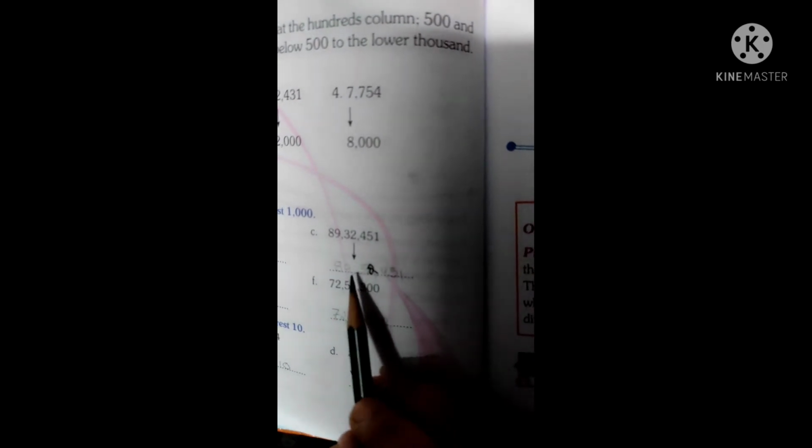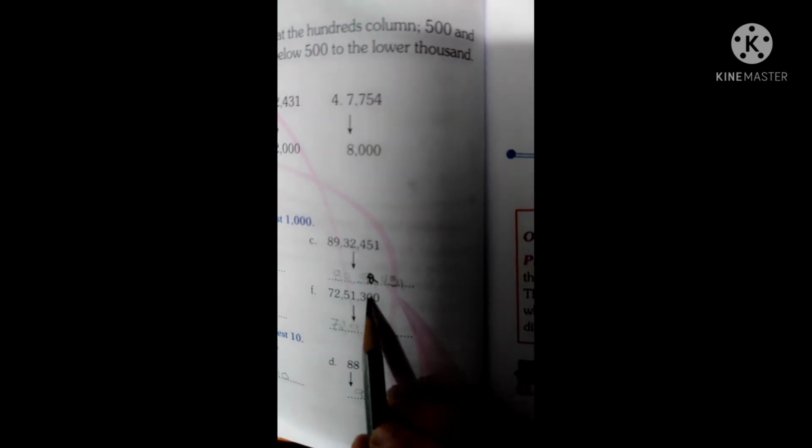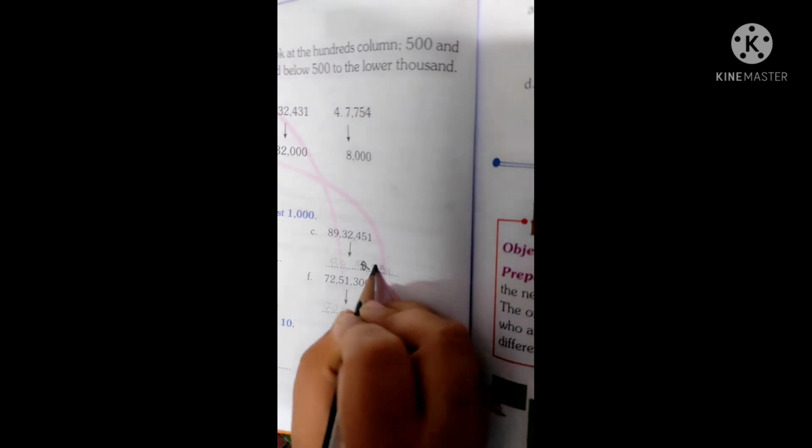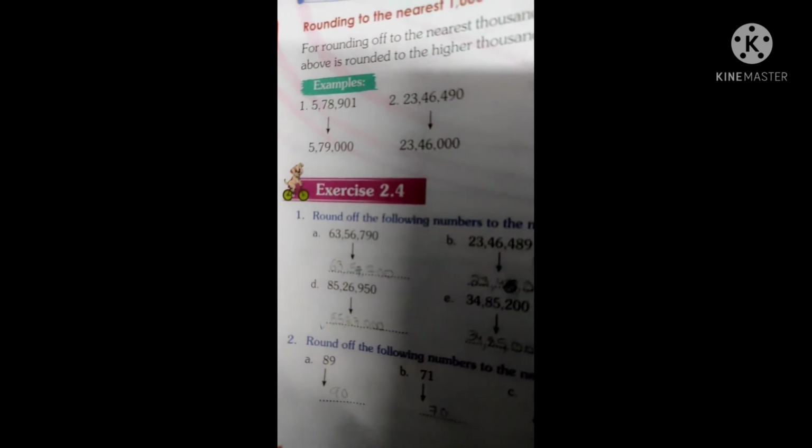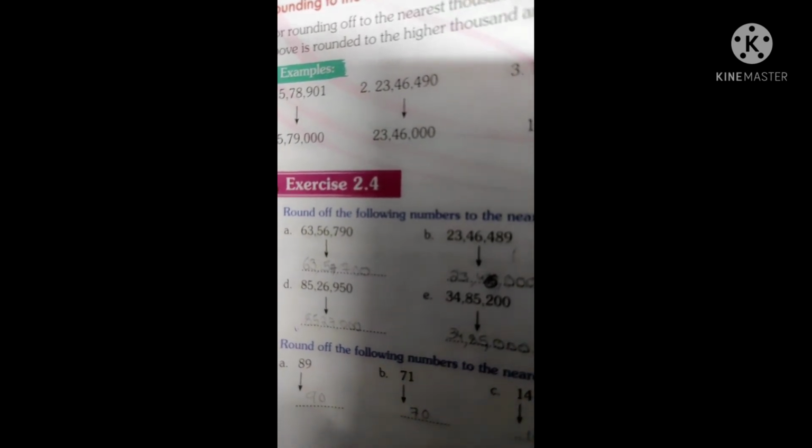So here the answer would be 89 lakhs 32,000. Next, 85 lakhs 26,950, 85 lakhs 27,000.